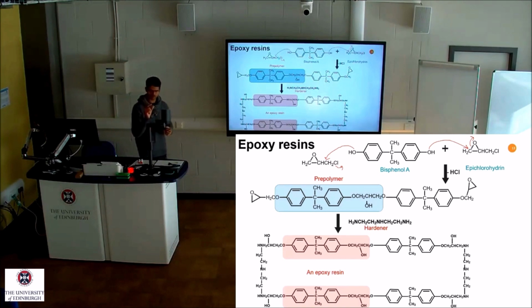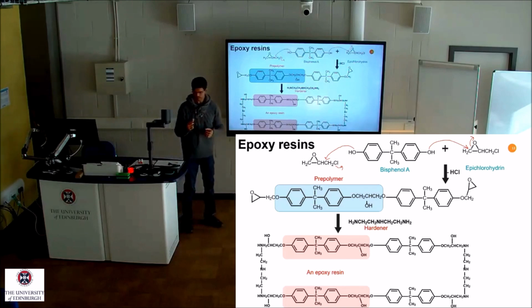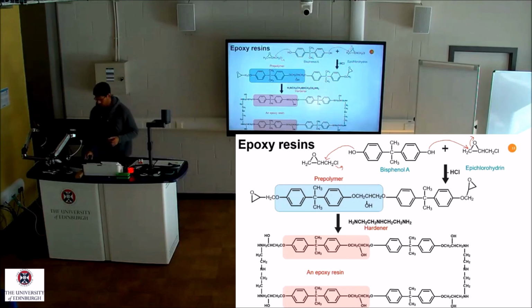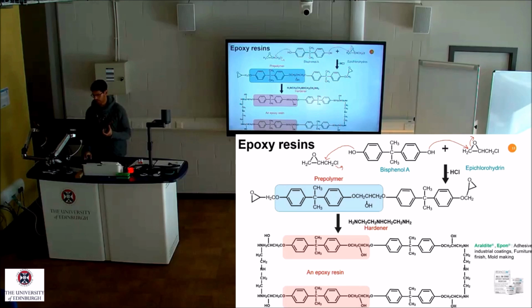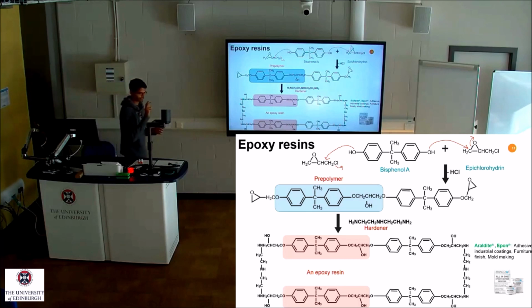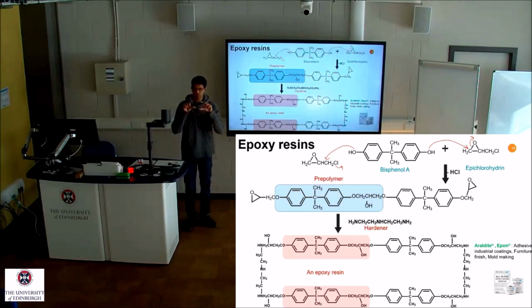You might have noticed one thing. First of all, the name of the product is Araldite. I think you have already heard this name. When you buy a pack of Araldite, you will see there are two tubes. When you want to use it, you mix the two tubes together and use it as a glue.